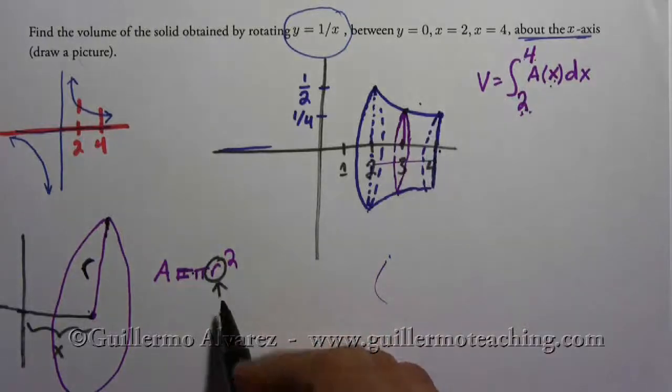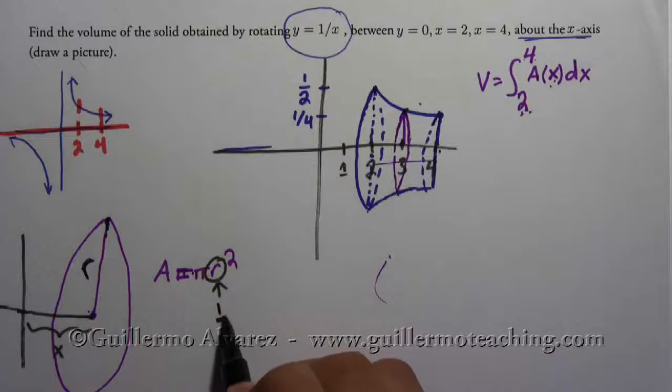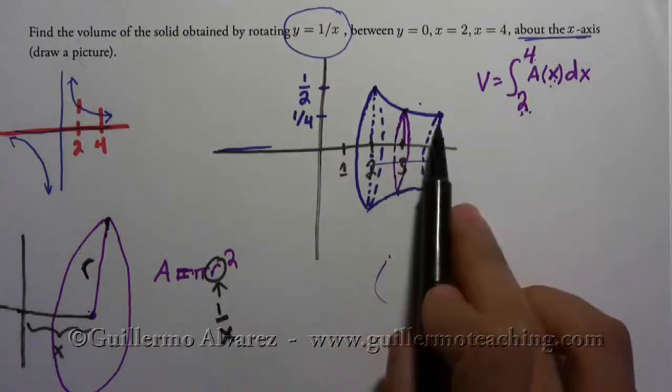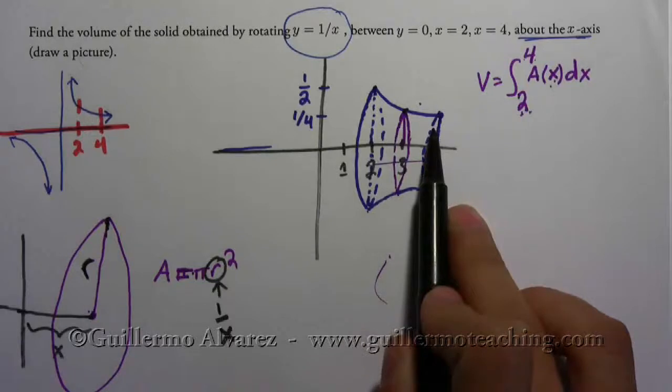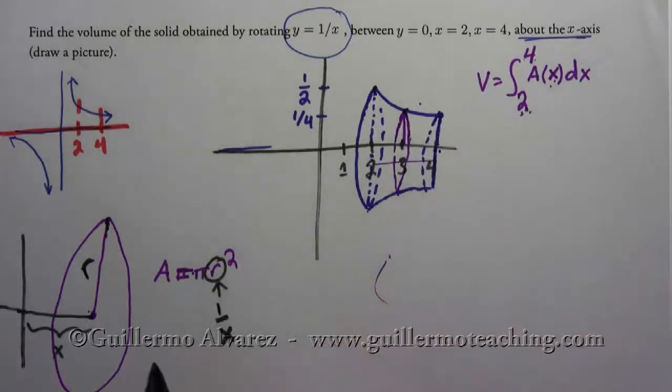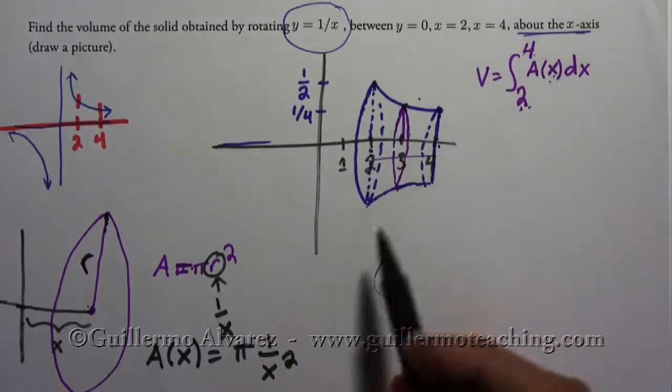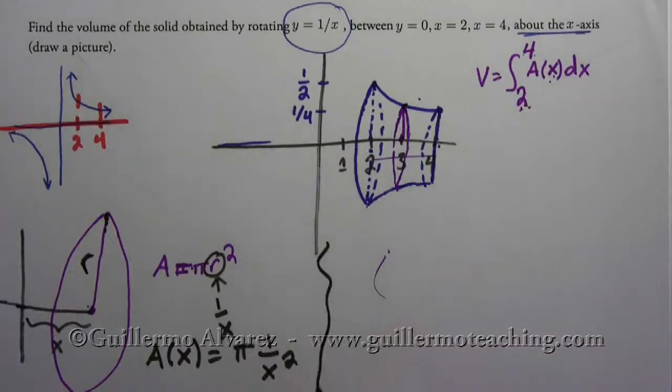So the radius is simply 1 over x for every x value. Then the formula for the area with respect to x is simply pi times 1 over x squared. And this pretty much solves my problem.